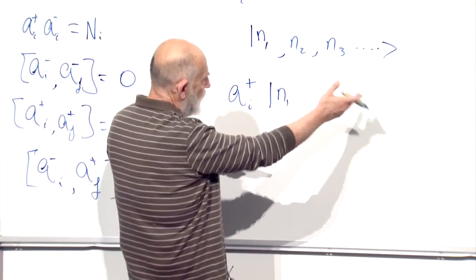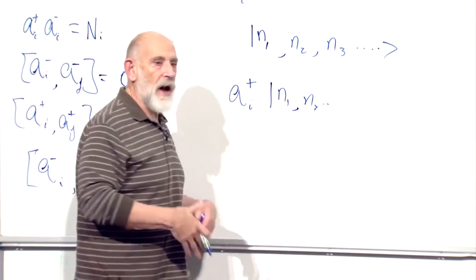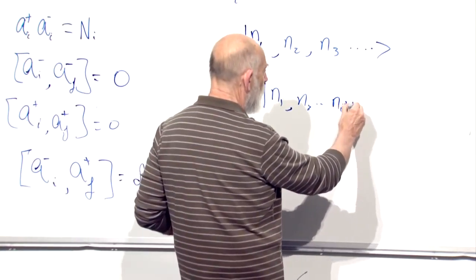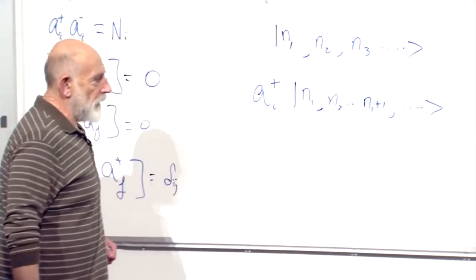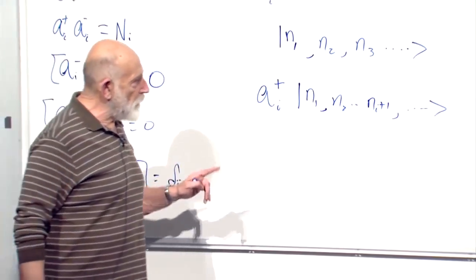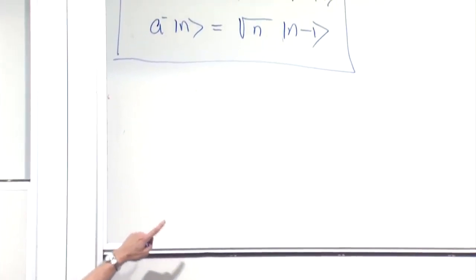Let's say i is out here somewhere, and 1 and 2, until we get up to the ith place. And then it gives us n_i plus 1, and beyond that, nothing. But this is not quite right, because it fails to take into account the square root of n plus 1.